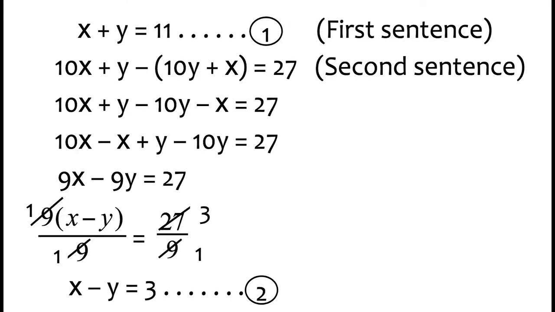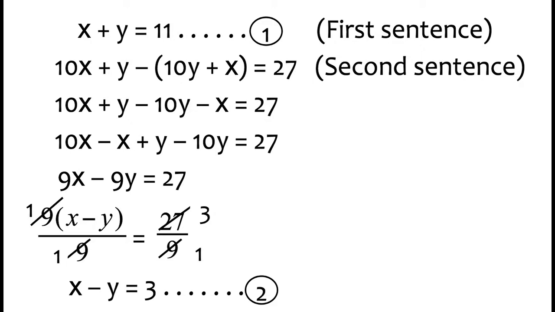So 10x minus 1x, just like 10 bananas minus 1 banana, you are going to have 9 bananas left. So that gives us 9x there. So also, plus y minus 10y, that is plus 1y minus 10y, by the idea of directed numbers, that will give you minus 9y.